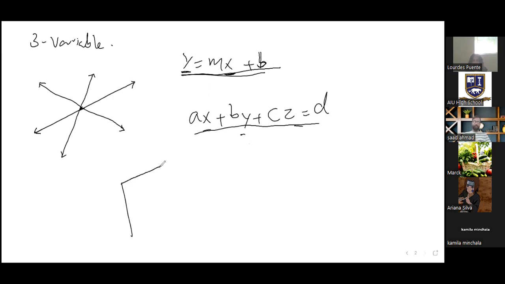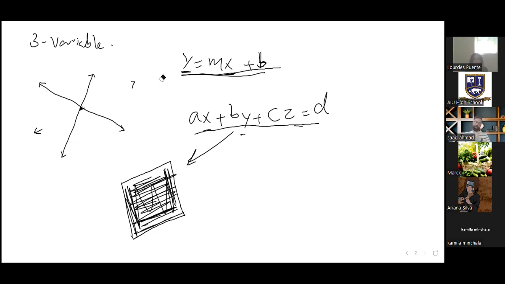In 3 variables, we get a plane sheet like that. We do not have a line, but we have a plane. So when we are in 3 variables, we are talking about planes. Now when we talk about a system of linear equations with lines, say 2 lines, we want to solve the system by looking at where these 2 lines intersect.